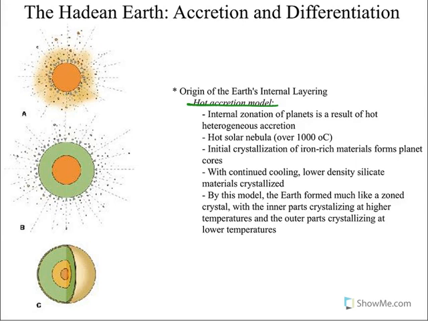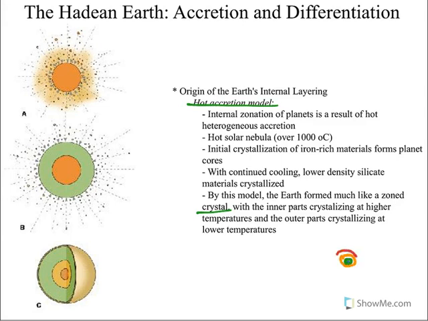The hot accretion model basically says that the Earth kind of formed like a mineral. Okay, so when minerals form, you've got a molecule that's in the center, and then as it grows, it's going to deposit molecules on the outside of that. You're going to get molecules on the outside.